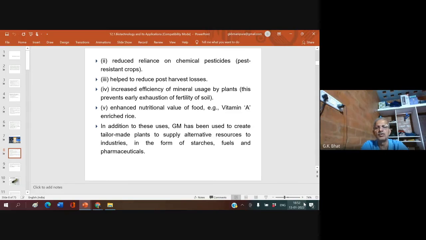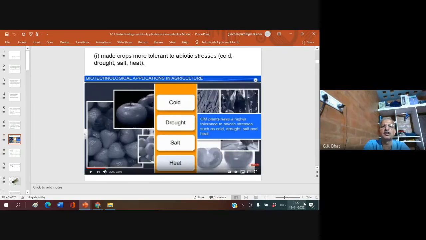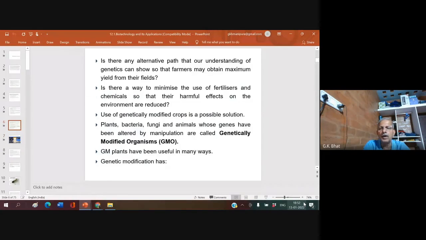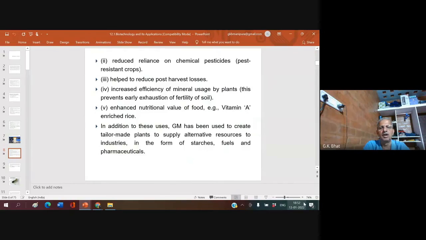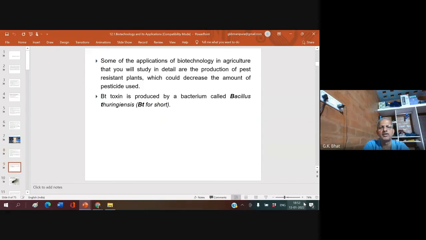In addition to these uses, genetically modified crops have been used to create tailor-made plants to supply alternative resources to industries in the form of starches, fuels, pharmaceuticals, etc. I hope this is the introduction with regard to biotechnology and its application. So genetic modification has all these implications. Understood? This will be asked as a 3 to 4 marks question in the board examination.